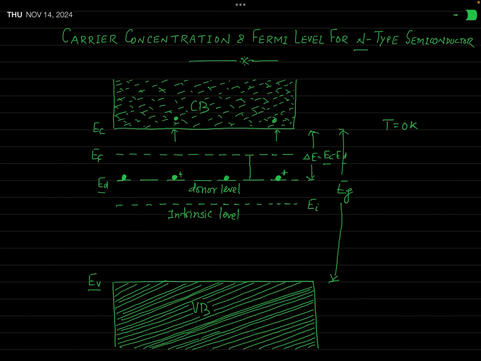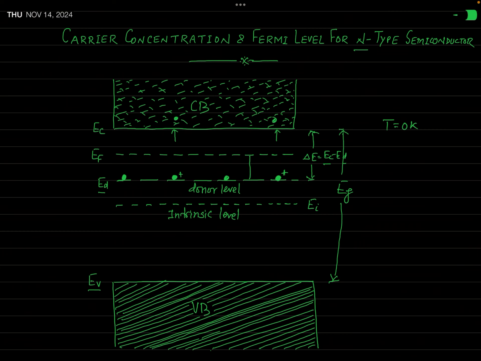Due to this, no hole is created because this is an extra electron, and so there is no hole in the valence band due to this transition. This energy delta E, which is equal to EC minus ED, is the minimum energy required for it, and so this is called the ionization energy for the donor atoms or donor level.